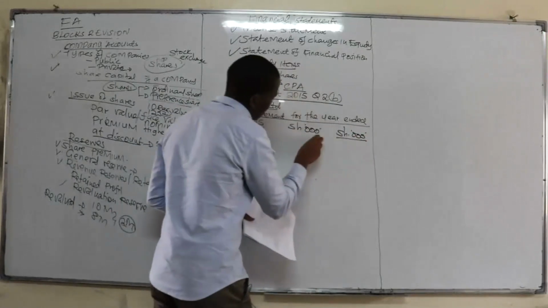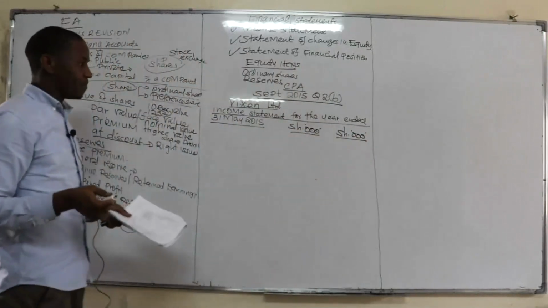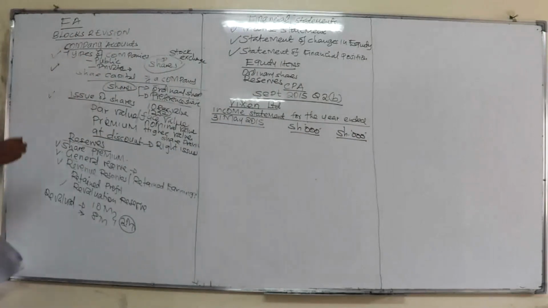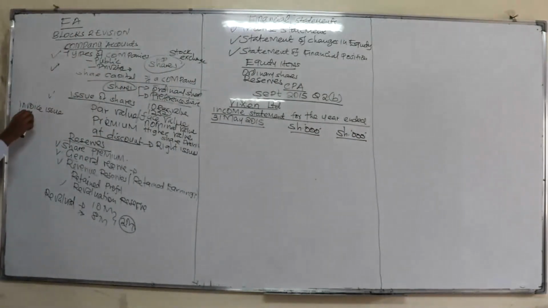Now, before we begin, there is one thing that I want you to differentiate here. There is invoice issued and there is what we call the invoice received. Invoice issued and invoice received. Now, when we talk about the invoice, you know it is given because of a debt.